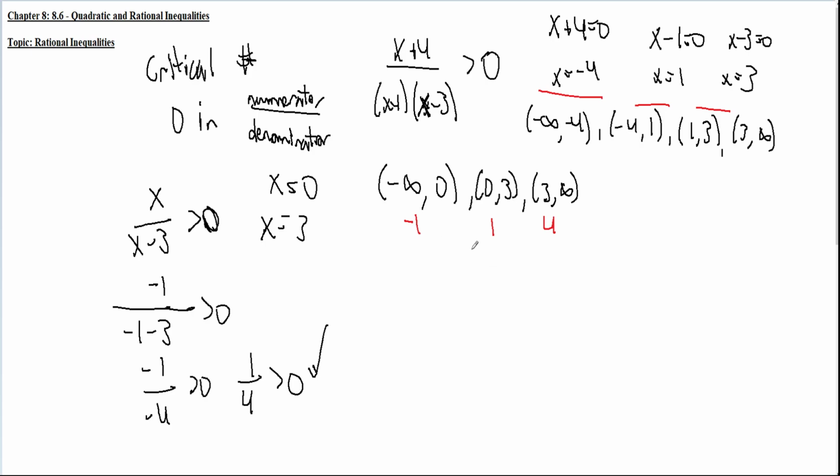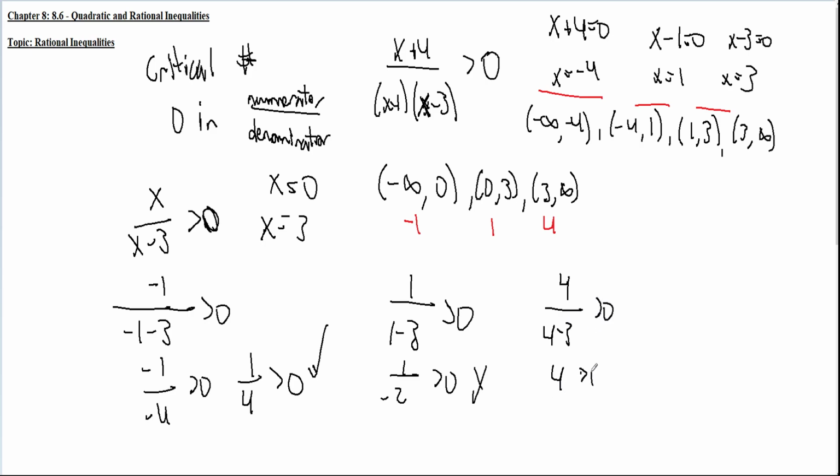So then our next number is 1. So we go 1 divided by 1 minus 3. And we have negative 1/2, which is not greater than 0. And then finally for 4, we have 4 divided by 4 minus 3, which gives us just 4, which is greater than 0.